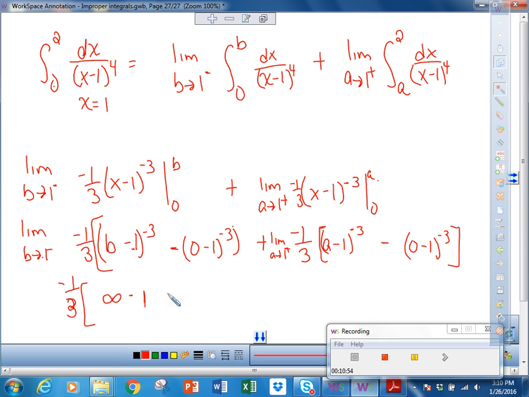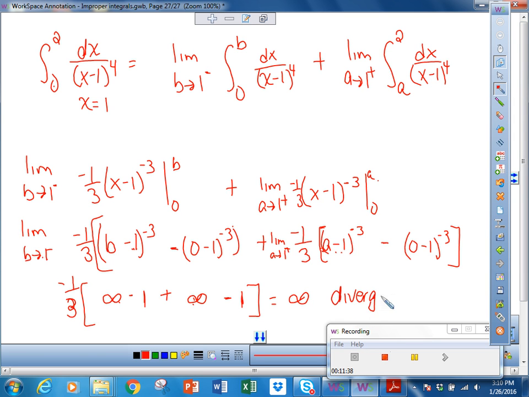Then infinity minus 1, plus, since I pulled out that negative 1/3. If I substitute 1 here, I get 1 minus 1 to the negative 3, which is 1 over 0 cubed, and I can't divide by 0. So therefore, it's infinity. So this becomes infinity as well, and of course, this is minus 1. So I'm adding infinities together, and because I'm adding infinities together, it simply goes to infinity. And we see that this diverges.